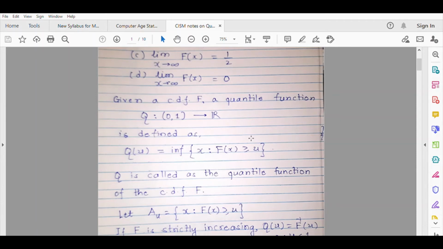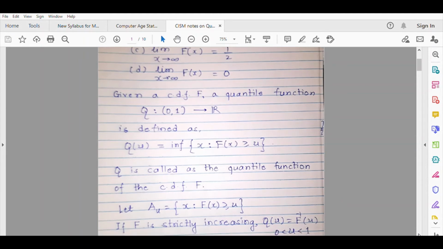Suppose the infimum is attained at a point A, that is, QU is A. Then this point A is also going to fulfill this condition, meaning f at A will be greater than or equal to u. So this is what they mean. Let us see if it is true or not.